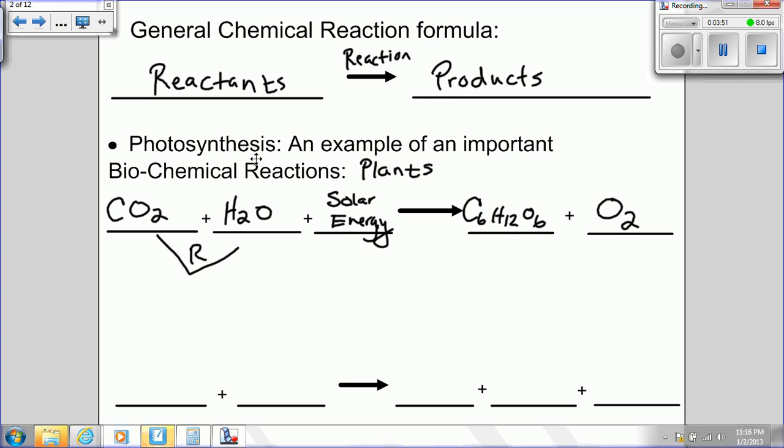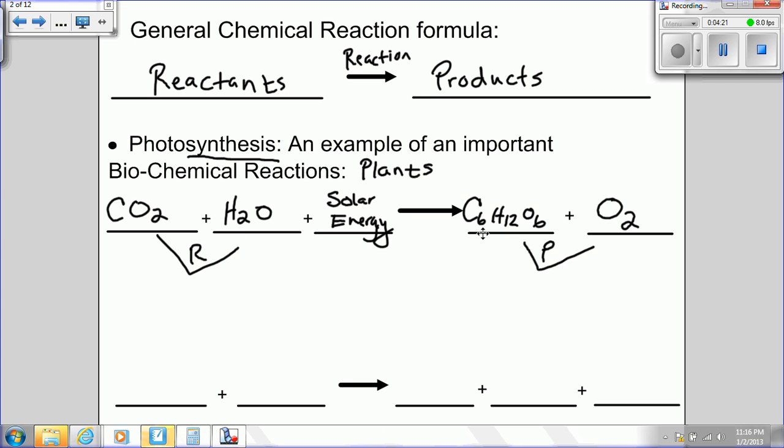So this is a synthesis reaction. Okay, and again, it's indicated by the word photosynthesis. Okay, they use solar energy to synthesize a larger molecule. But what really happened here is you have two reactants that were combined to create completely different products. So your products are going to be different chemicals than your reactants. That is a chemical reaction.